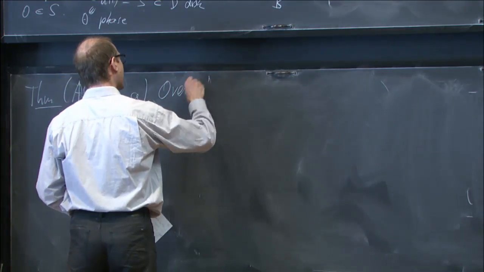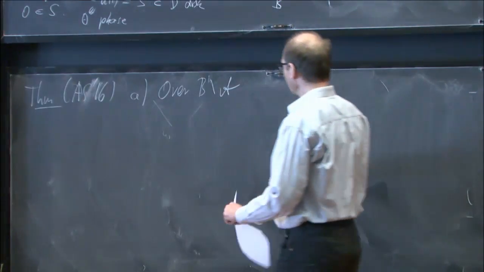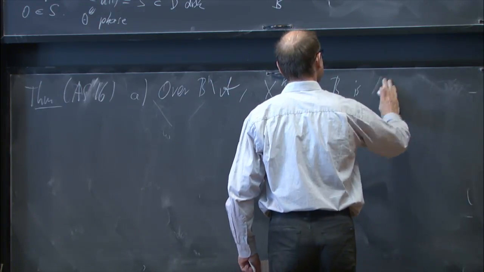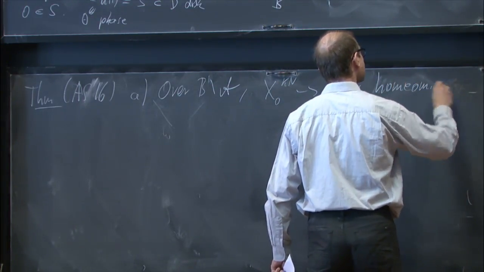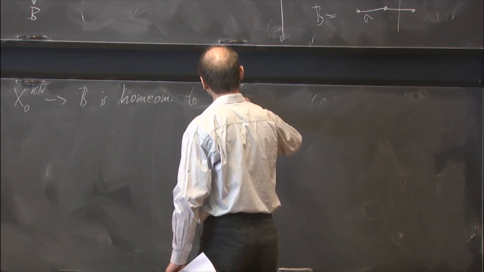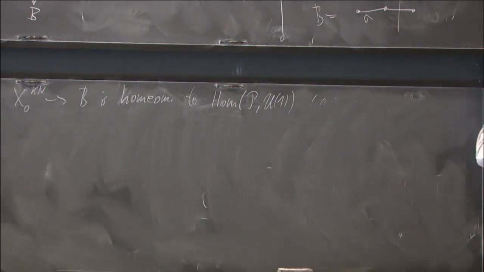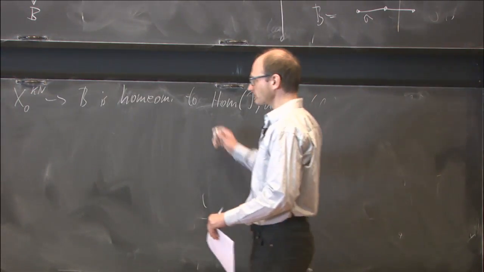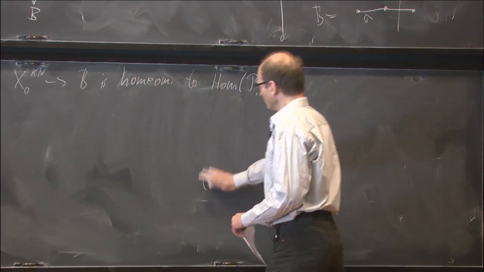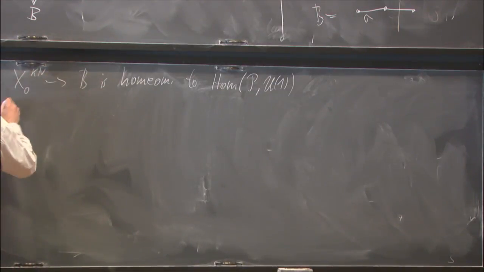Over the complement of the amoeba image, which in dimension 2 is just the complement of finitely many points, this thing here is homeomorphic, as a torus bundle with continuous transition functions, or maybe differentiable transition functions, to Hom(P, U1), and that's a U1^(n+1) bundle for this P fitting in the following sequence.